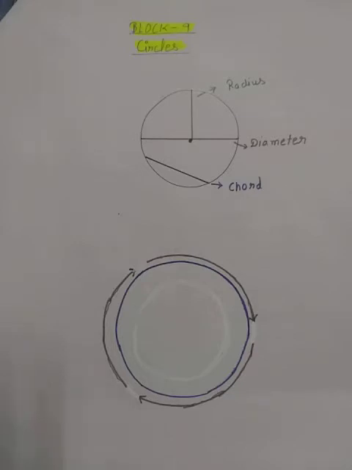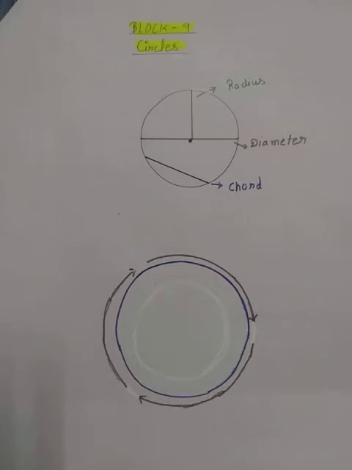We can see circles in our daily life also, like the tire of a bicycle. And in a circle we have some features. Today we will learn about some features of our circle.